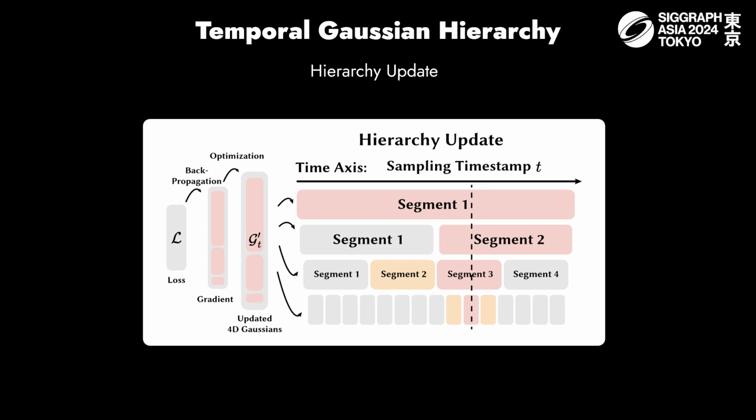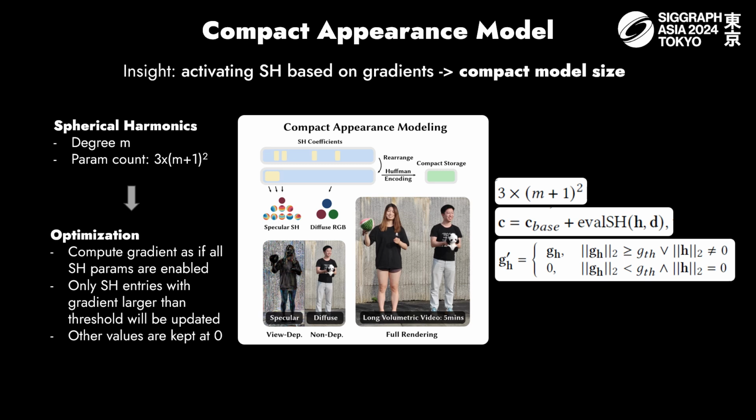So it is necessary to reassign the optimized 4D Gaussians back into their respective levels and nodes in the hierarchical structure. Notice that the optimization step is typically very small. Thus, the segments required for this update would roughly be the same as the ones used for sampling and rendering, ensuring its efficiency.